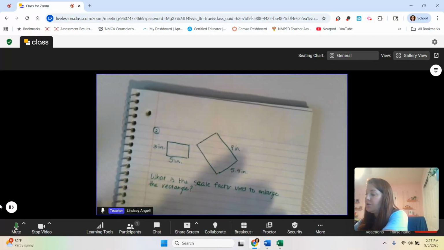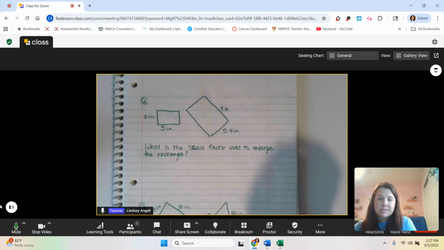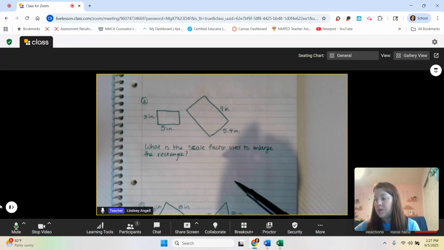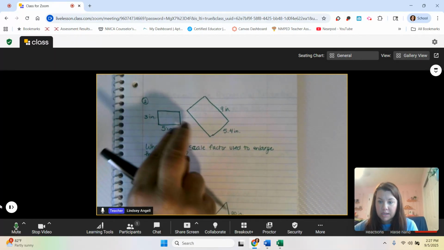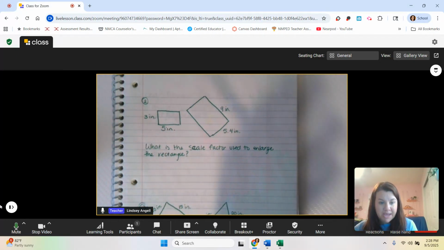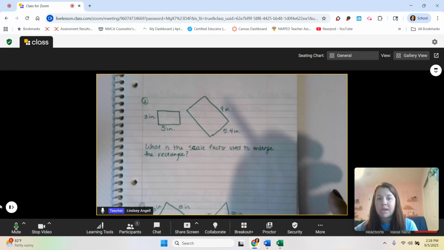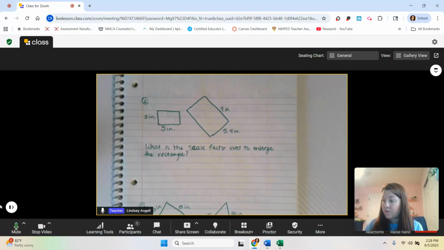Okay, number 2, I think this is number 3 from your practice. It says, what is the scale factor used to enlarge the rectangle? If we're enlarging it, that means we're going from the little one to the big one. Enlarge means to get bigger. The biggest thing that we have to remember when it comes to scale factor is that we're comparing the same side in both shapes.